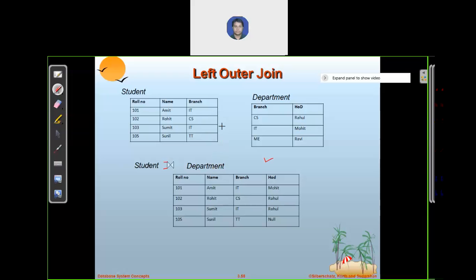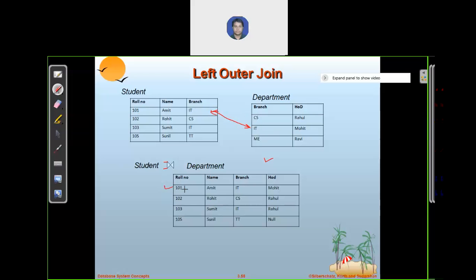In this we take the first record and see its matching record in the other relation, which is department. 101 Amit, branch IT. Is there a record of IT? Yes, there is one record. So match this relation with this record only.